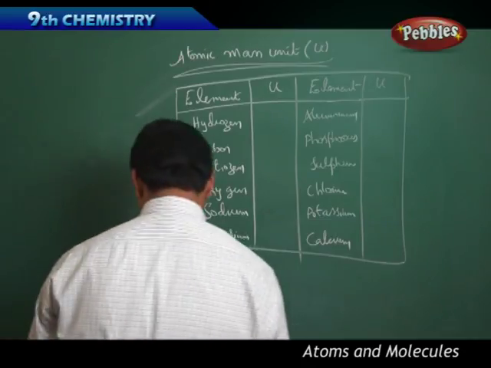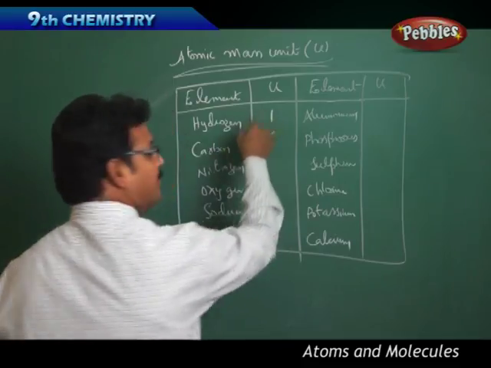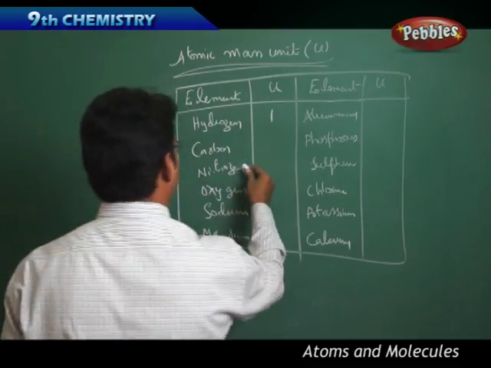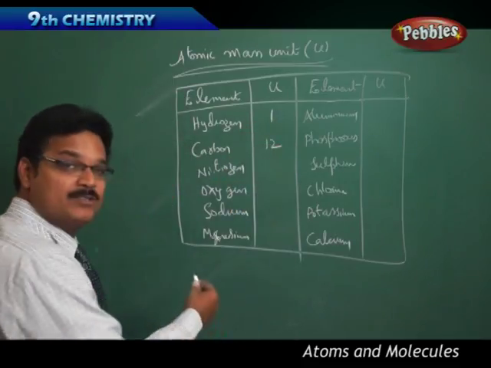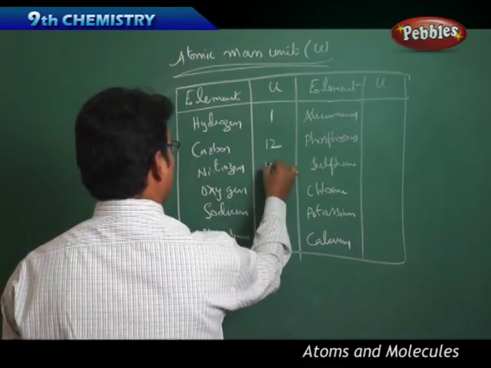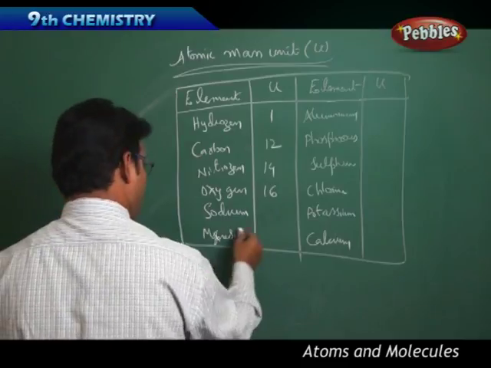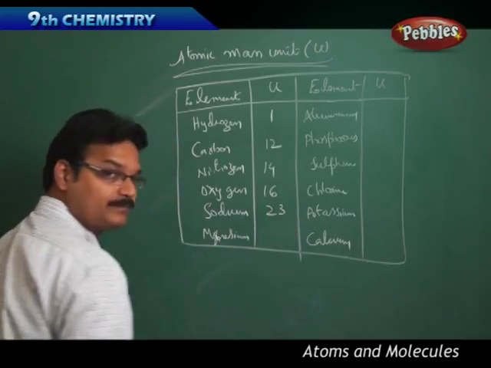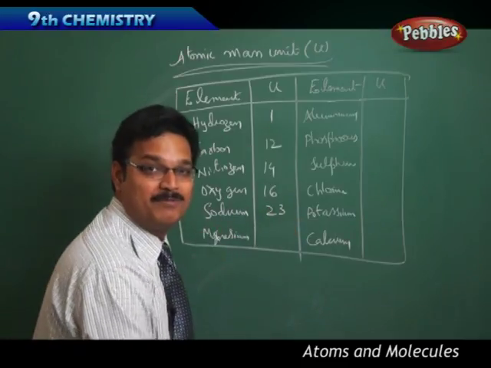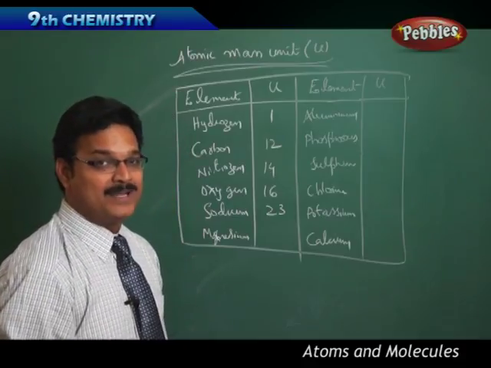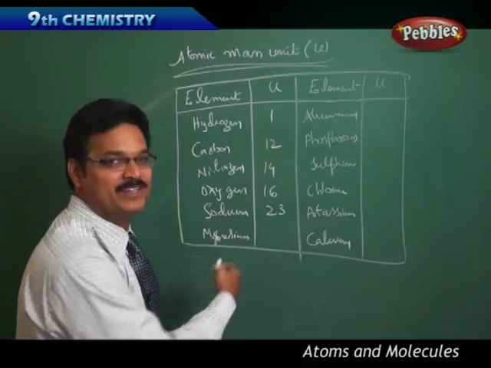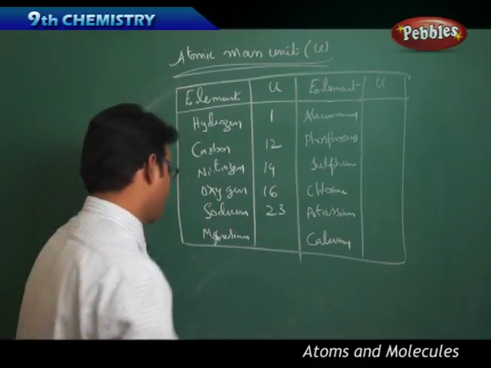Okay, let me write. Hydrogen 1, so its atomic mass unit is U. Carbon 12, so its mass unit is 12U. Nitrogen 14, 14U, oxygen 16U. Sodium is 23. It's changed. Sodium atomic number is 11, so the mass number is not 22, it is 23. So some elements will change.